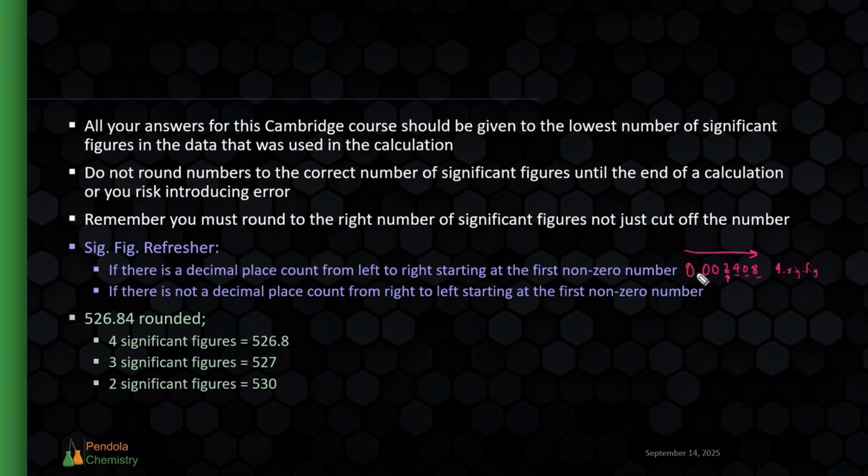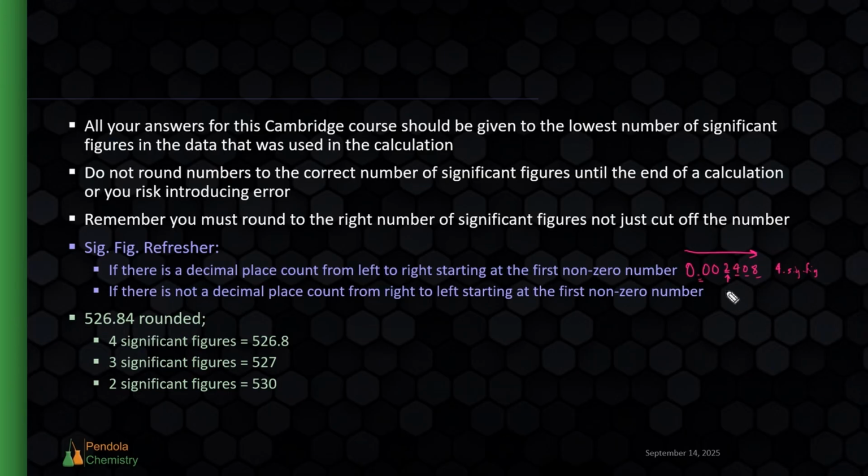Again, if there's a decimal, we go from left to right and we start counting at the first non-zero number. If there is not a decimal place, we count from right to left and we do the exact same thing. We start at the first non-zero number.